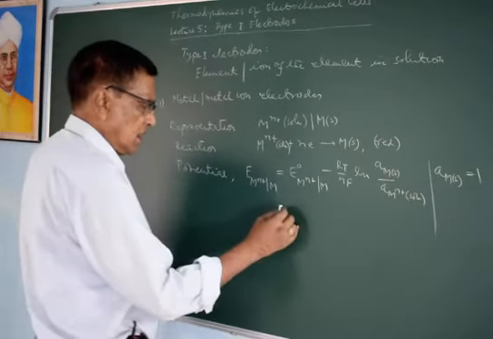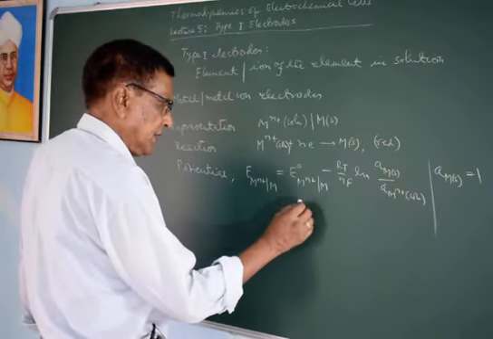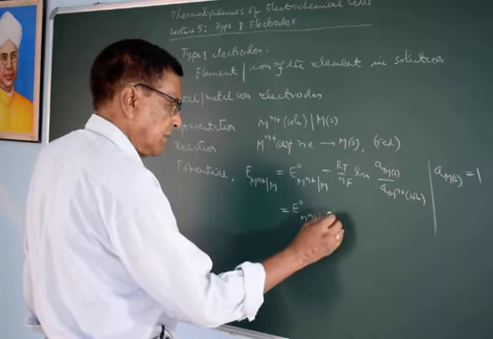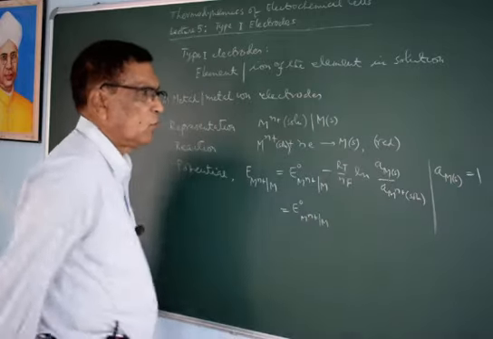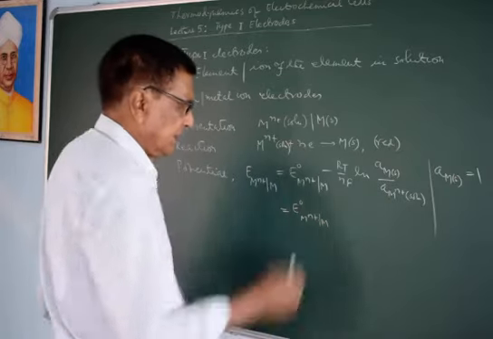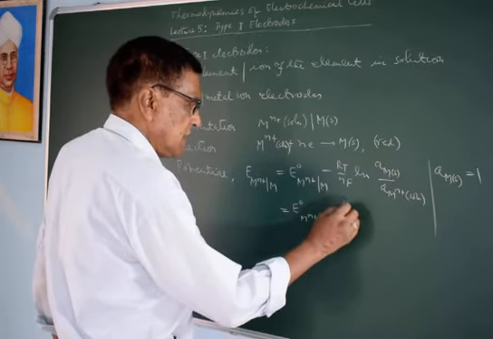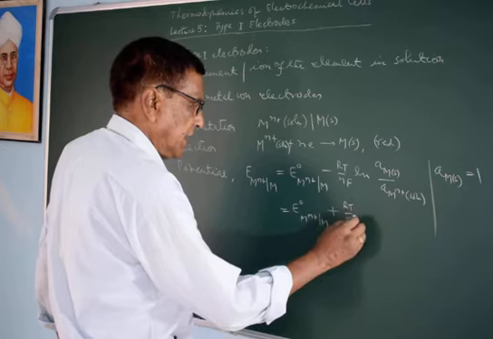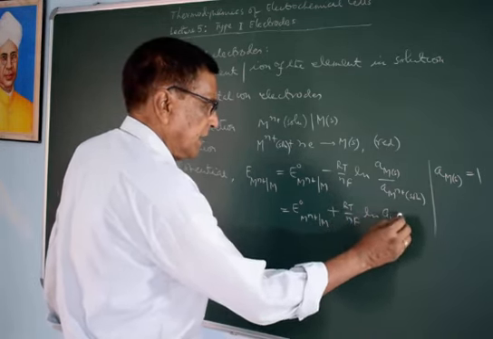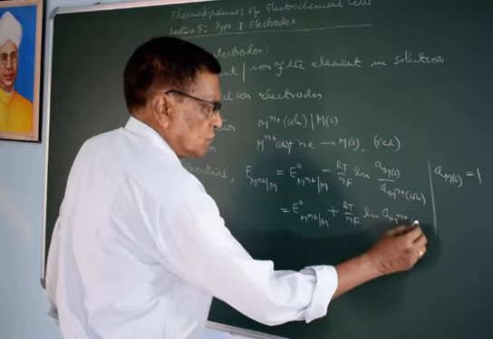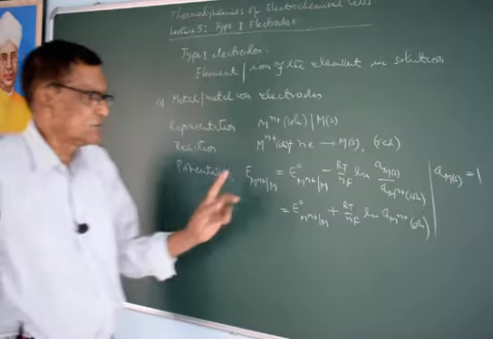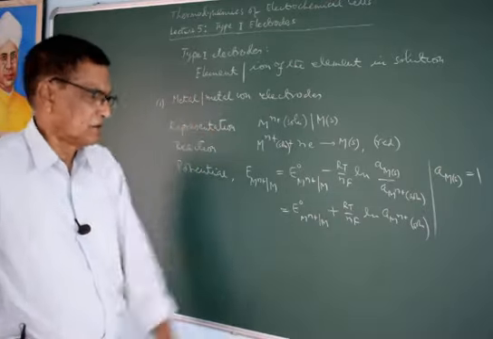So we can write E naught of M^n+ oblique M, and if we write it in the numerator, then it will be plus RT divided by nF ln activity of M^n+ in solution. So this is the expression of the electrode potential of this metal electrode.